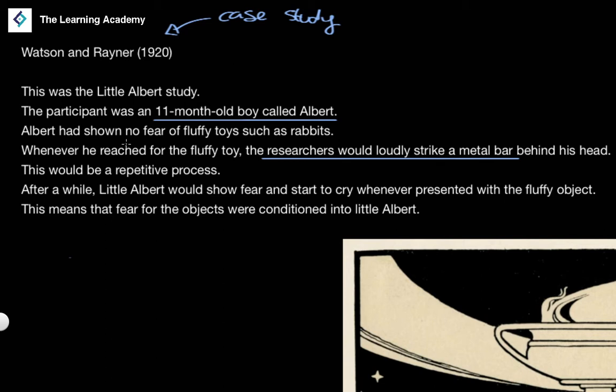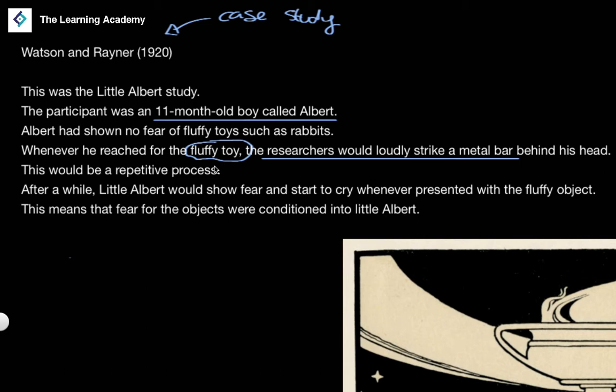You can probably work out that this is very similar to a kind of classical conditioning. Because what we're doing here is we have introduced the stimuli, the fluffy toy. The response to the fluffy toy is just no fear at all, just a general normal response.